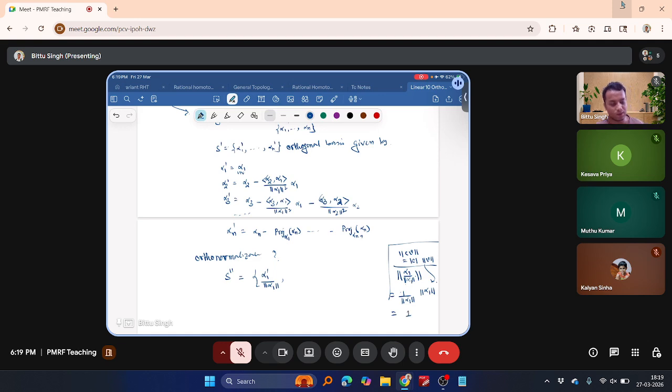We are normalizing. This process is called normalizing: divide some vector by the norm of that vector. It will simply make it a unit vector.